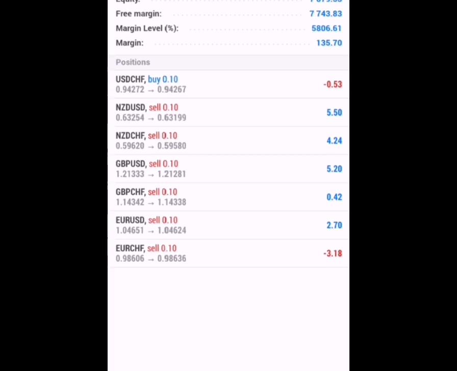Just a moment after I entered the trades, I entered these trades around 6 at 10 past 6. So it's around 50 minutes from the time I entered these trades. Now what I noticed is that most of the trades, as you can see, most of them moved right into profit.